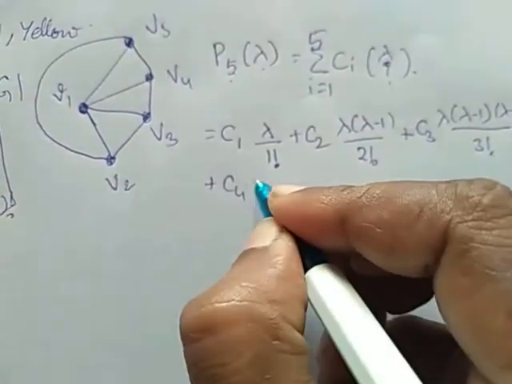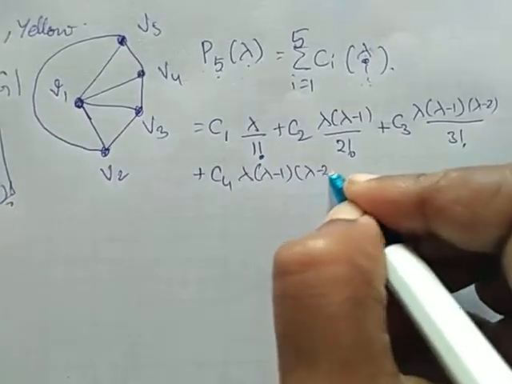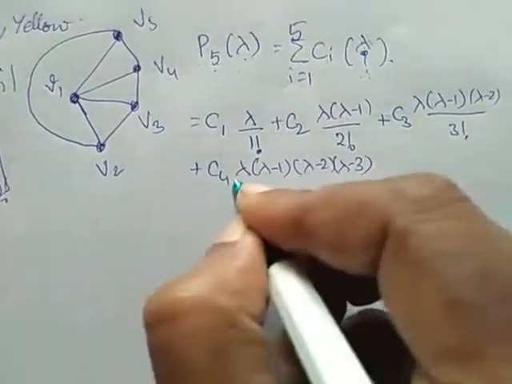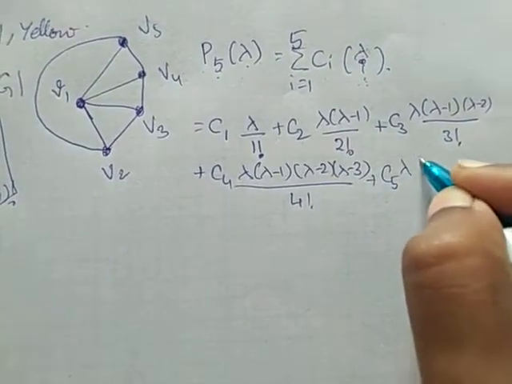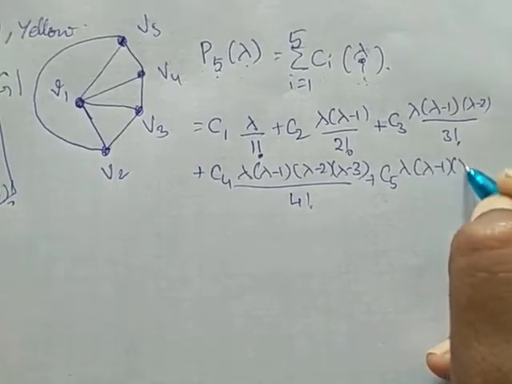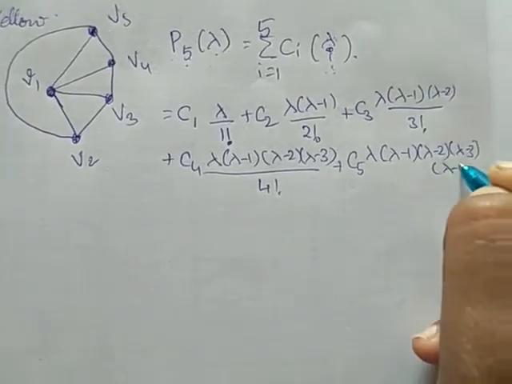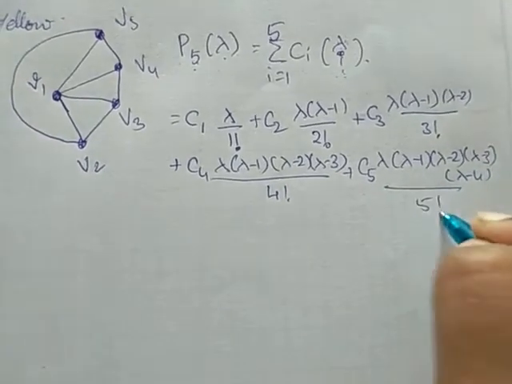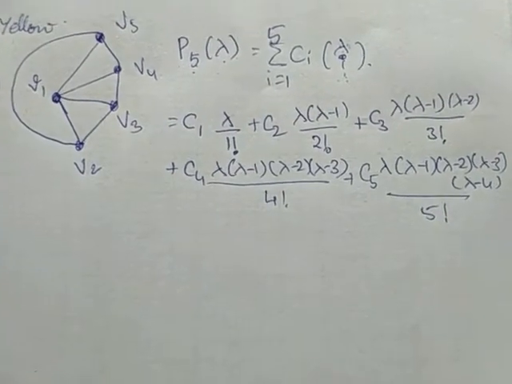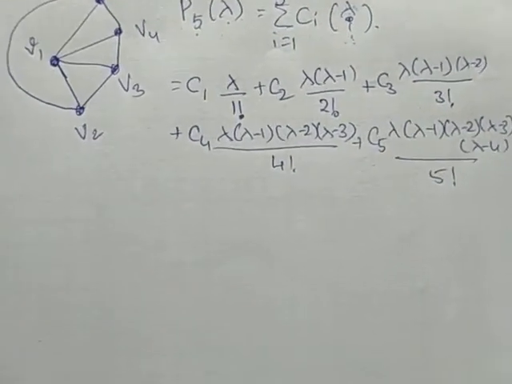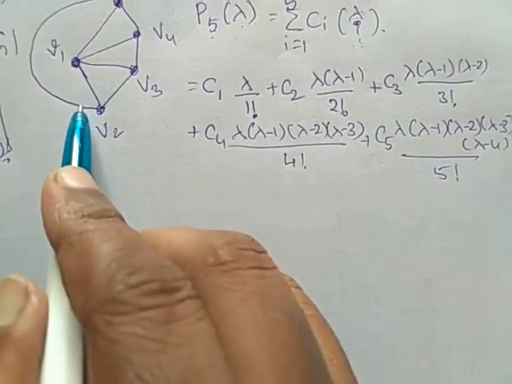Similarly, C4 times lambda into lambda minus 1, lambda minus 2, lambda minus 3 by 4 factorial. Last one, C5 times lambda into lambda minus 1, lambda minus 2, lambda minus 3 and lambda minus 4 by 5 factorial. Now we have to find C1, C2, C3, C4 and C5. Then we will get the polynomial P5 of lambda for the given graph.